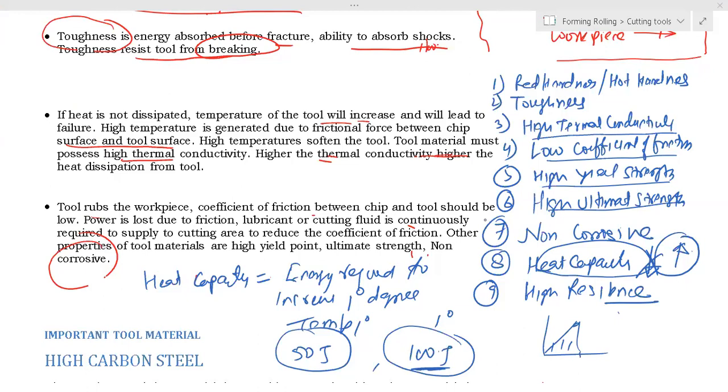Mohit. I have given you the hint by defining the heat capacity.